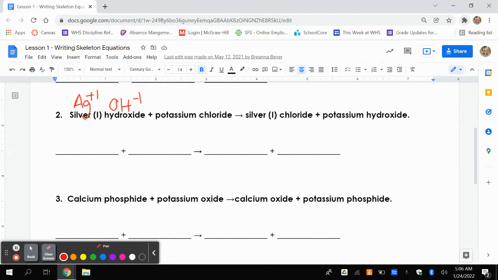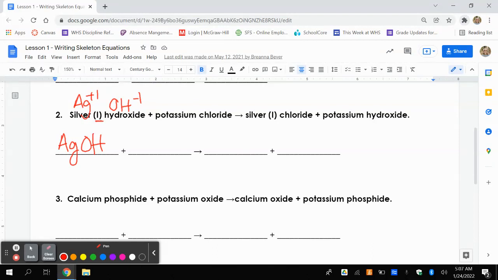Remember, since these are ionic compounds, we have to balance the charges. For this first one, Ag has a +1 charge, hydroxide has a -1 charge. They're already balanced. We get AgOH. Remember, I can tell the charge of silver by this Roman numeral here, since it doesn't have a charge above it on the periodic table.